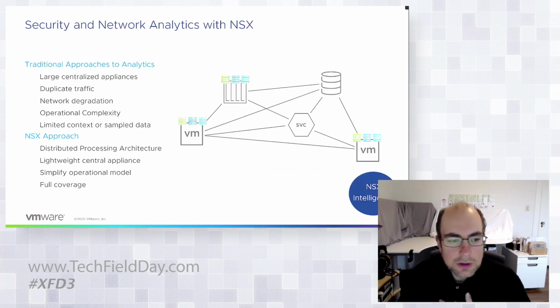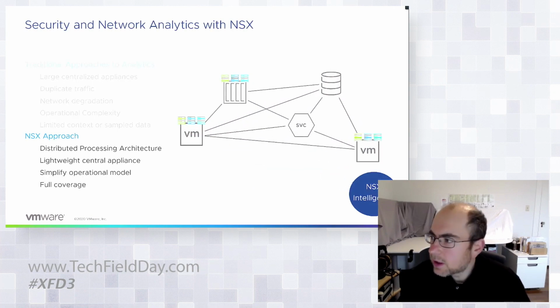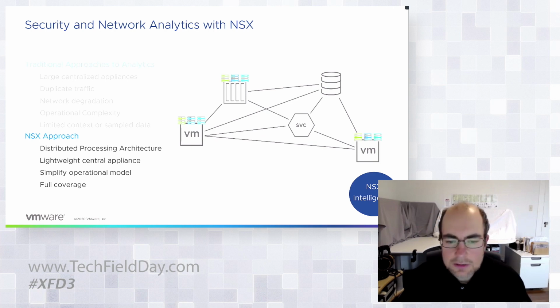Right? By contrast, with NSX Intelligence, what we've done is deliver a native distributed analytics engine, right? We've already proven with NSX that we can apply services like routing and stateful firewalling using a distributed model. So it's a natural fit for us to build analytics using a similar distributed model, right?